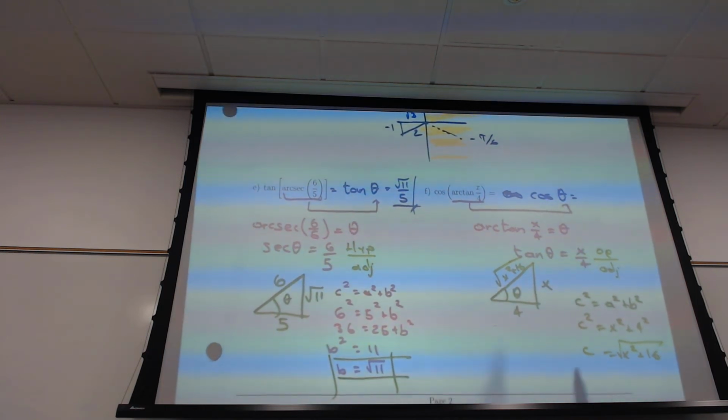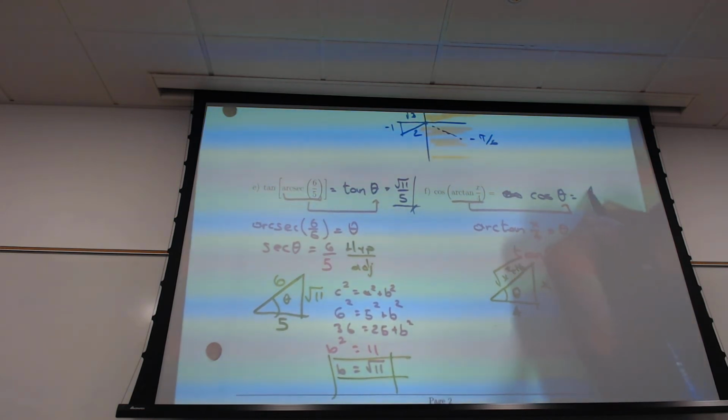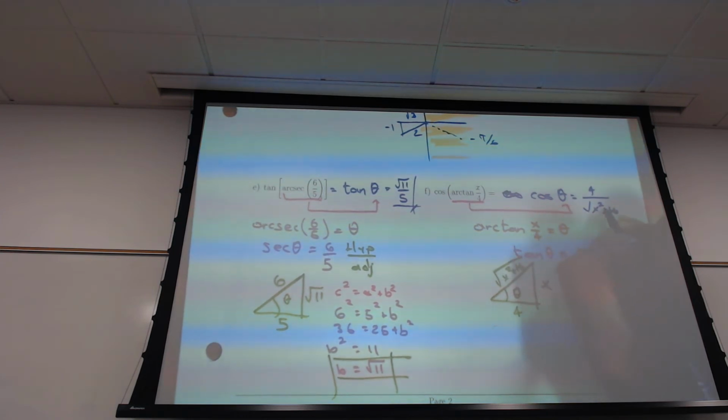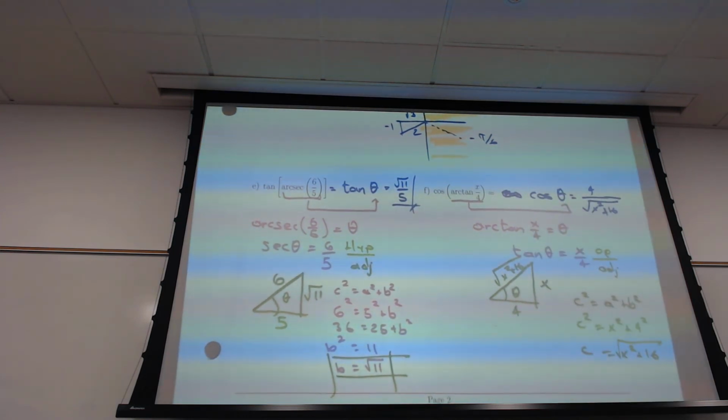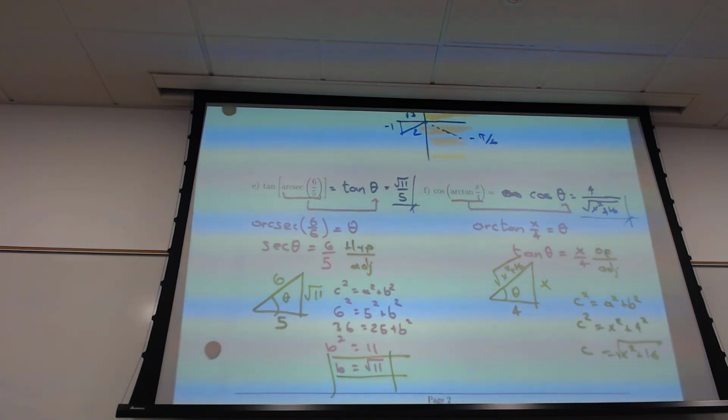All right, so cosine, which is adjacent over hypotenuse, is 4 over the square root of x squared plus 16. And that's the final answer. So that is the pre-calculus and the algebra of trigonometric functions.